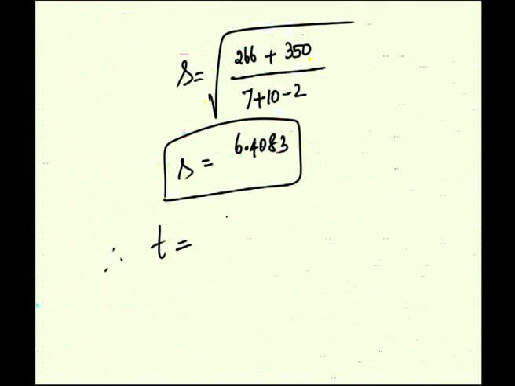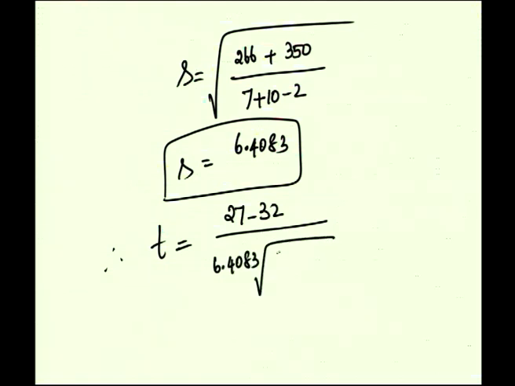Therefore, t is equal to x1 bar, which is 27, minus 32, divided by 6.4083 into root of 1 by 7 plus 1 by 10. And this value happens to be minus 1.5832. Therefore, the calculated t is minus 1.5832.